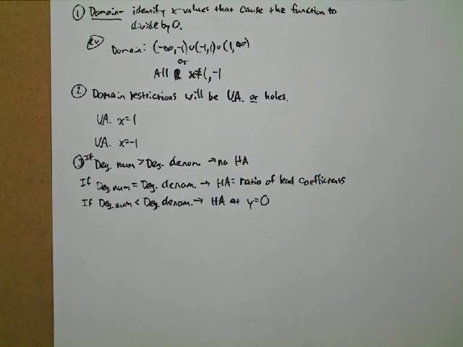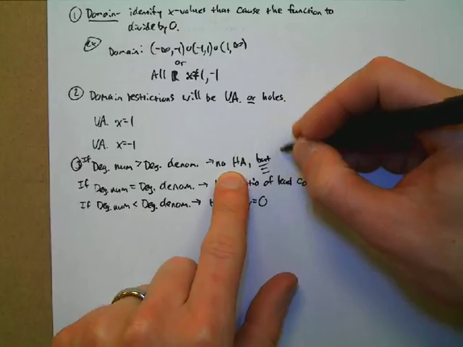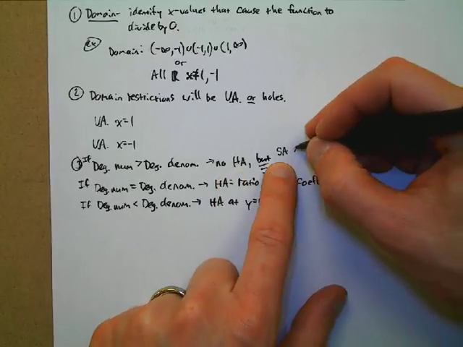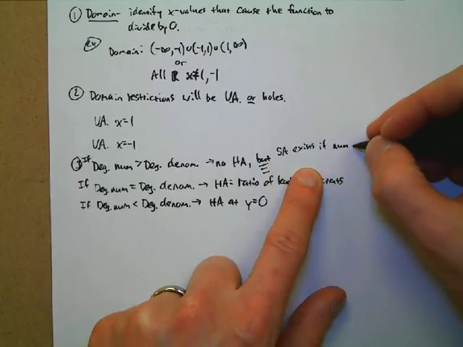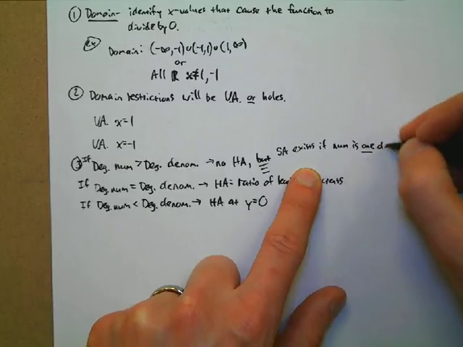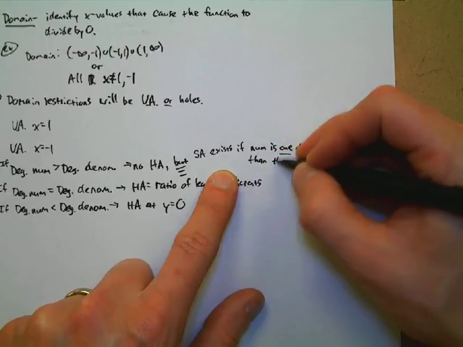If the numerator has a bigger degree, there's no horizontal asymptote, but a slant asymptote exists if the numerator is 1 degree more than the denominator. You can't have both a horizontal asymptote and a slant asymptote, one or the other.